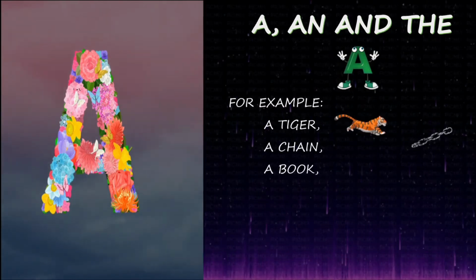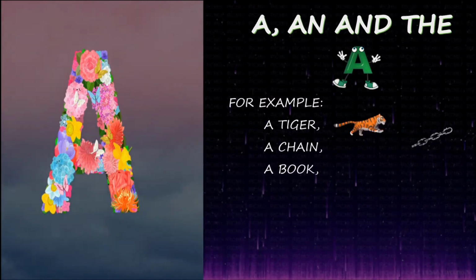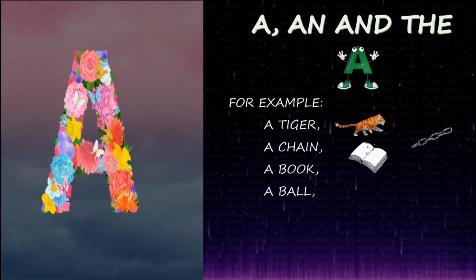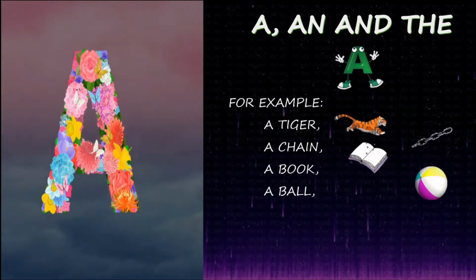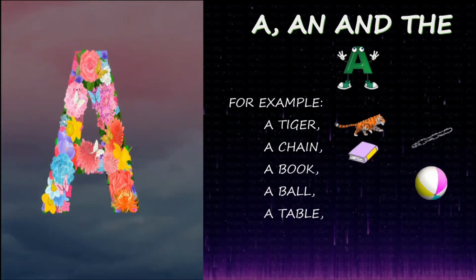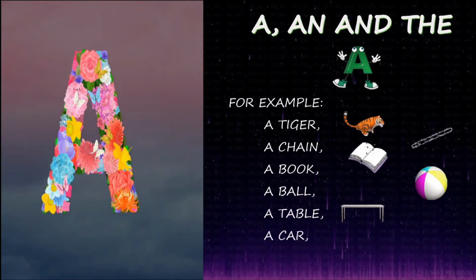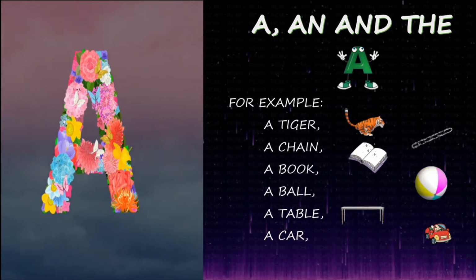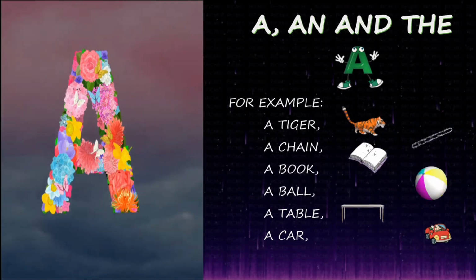The beginning letter is B. B is a consonant. So, here we have to use a book. Next, a ball. B is a consonant. So, we have used a ball. A table. A car. So, children, a is used before the consonant sound.